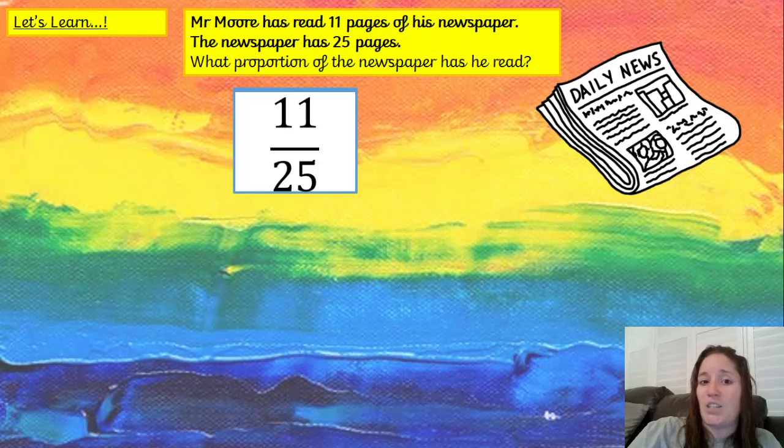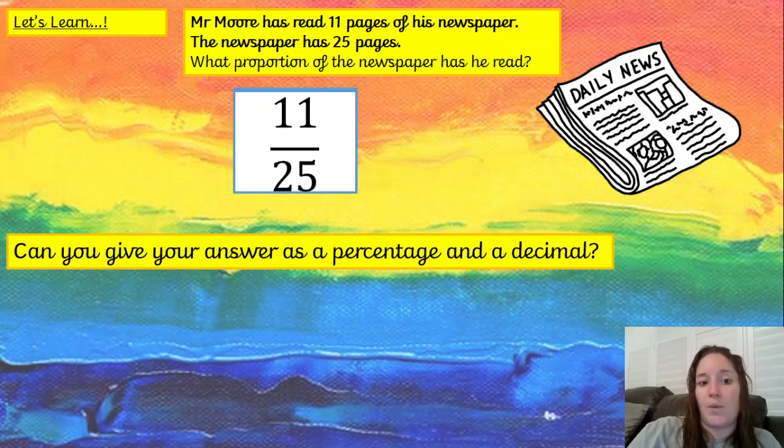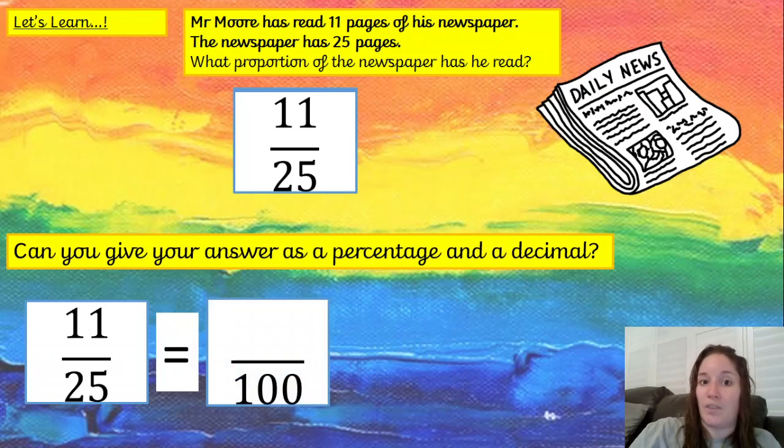Now, what do we need to do? I've just given you a really big clue there. Can we give our answer as a percentage and a decimal? So we've got 11 over 25, but we need it to be out of 100. How do we get from 25 to 100? Well, we know 25 times 4 is 100 because we've got 25, 50, 75, 100.